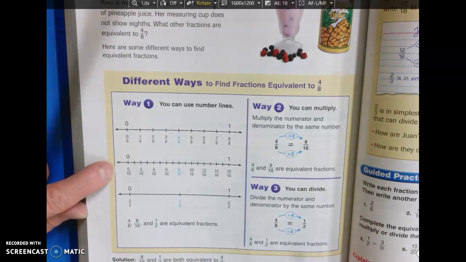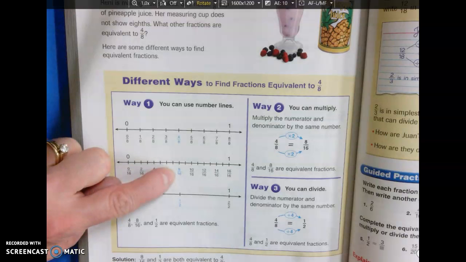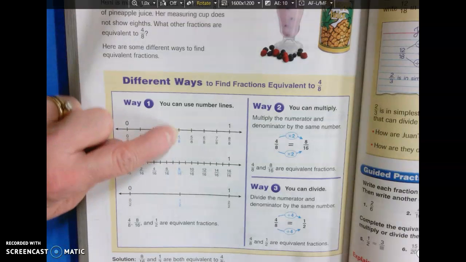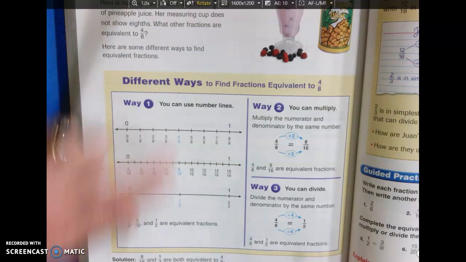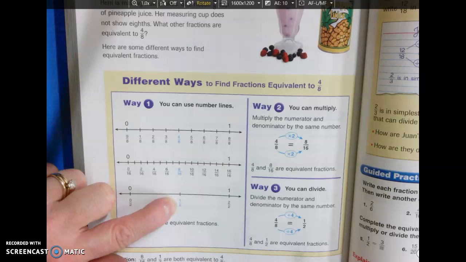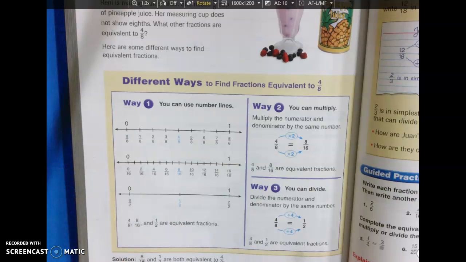And comparing that to 16ths, a little bit smaller pieces, but realizing that 8/16 is also equivalent to 4/8. Or if I were to use the fewest number of pieces, I would see that 4/8 is also equivalent to 1/2. So if you can imagine a number line, that is one way to figure out and find equivalent fractions.